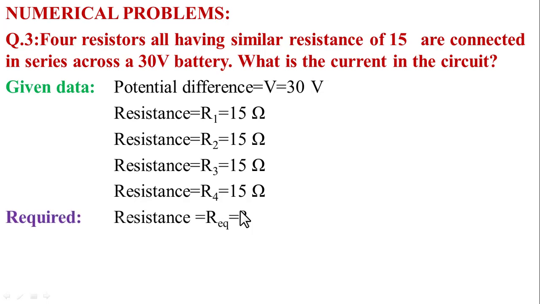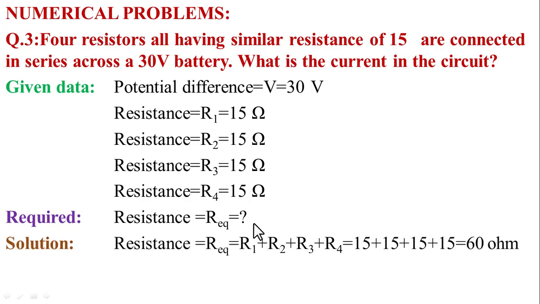Now we require the equivalent resistance Req and also the current. Solution: the equivalent resistance R is equal to the sum of all the resistances, R1 plus R2 plus R3 plus R4, which is equal to 15 plus 15 plus 15 plus 15, that is equal to 60 ohm.